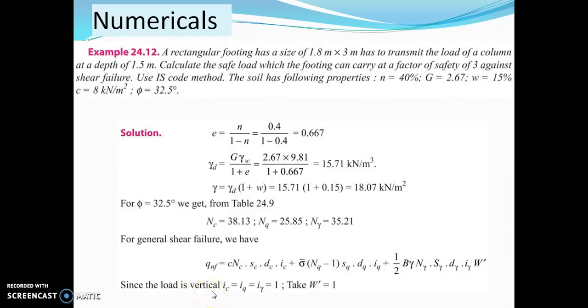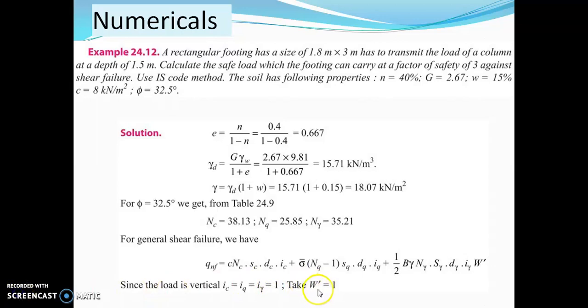That alpha is the angle of inclination with vertical, that is, the load makes with vertical. But in this case, that angle is 0. So if that angle is 0, then directly the values of IC, IQ, I gamma will become 1. And you take W dash is equal to 1.